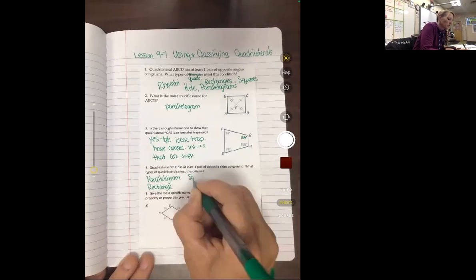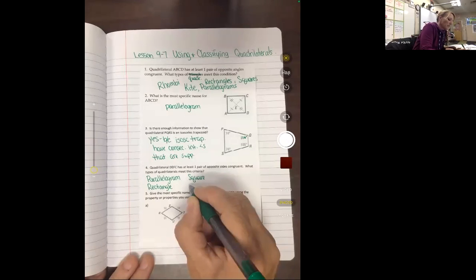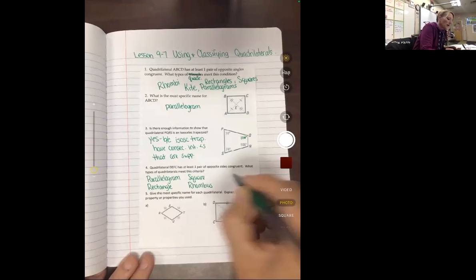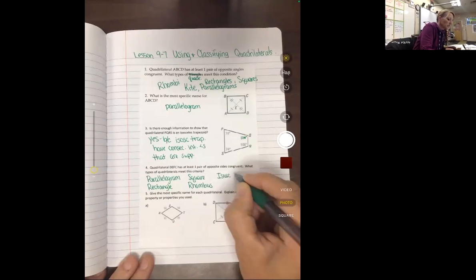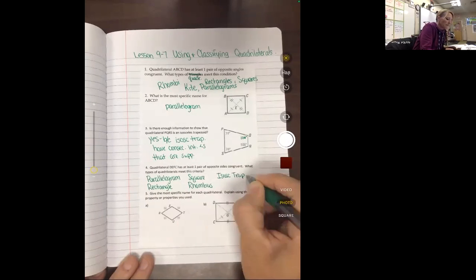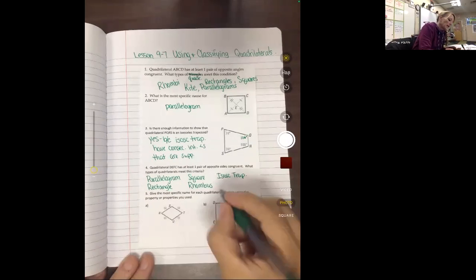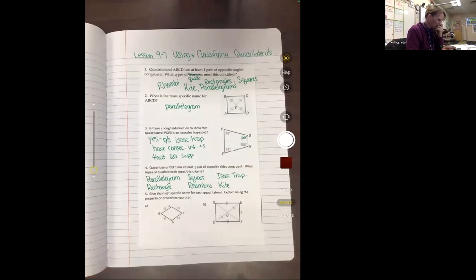A square, it has two. A rhombus, it has two. It would be a trapezoid, but specifically an isosceles trapezoid, because a regular trapezoid doesn't have to have any congruent sides. And a kite also has at least one pair of opposite sides congruent.